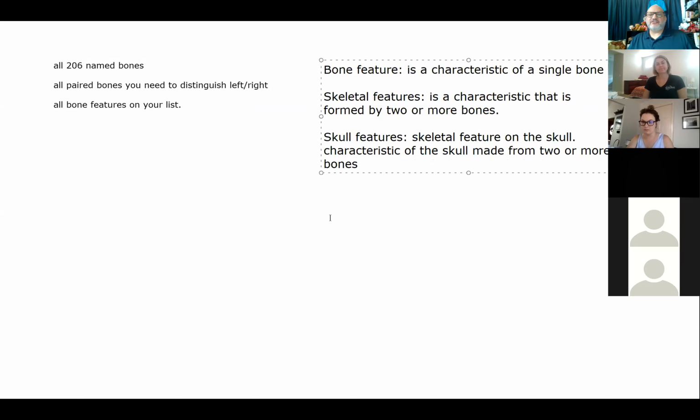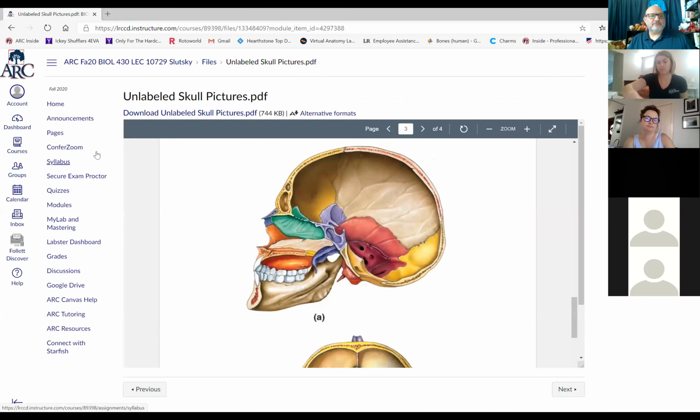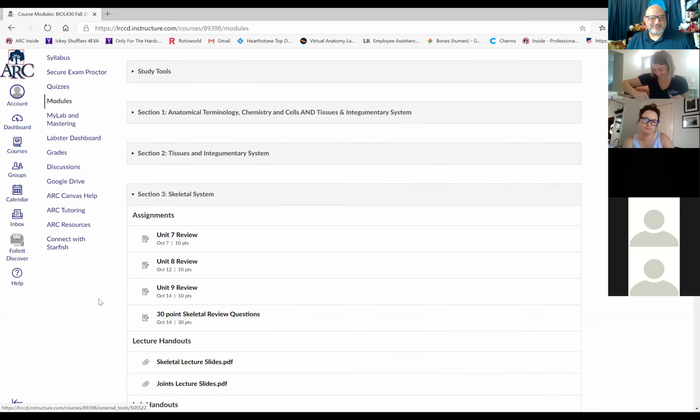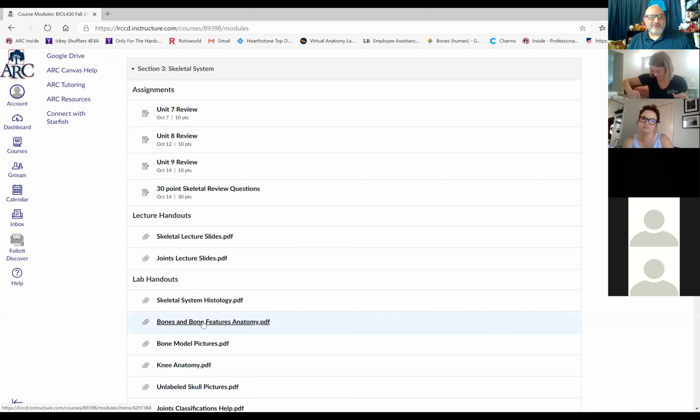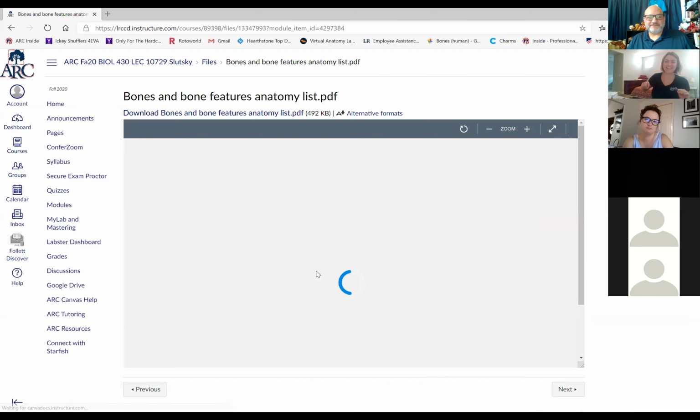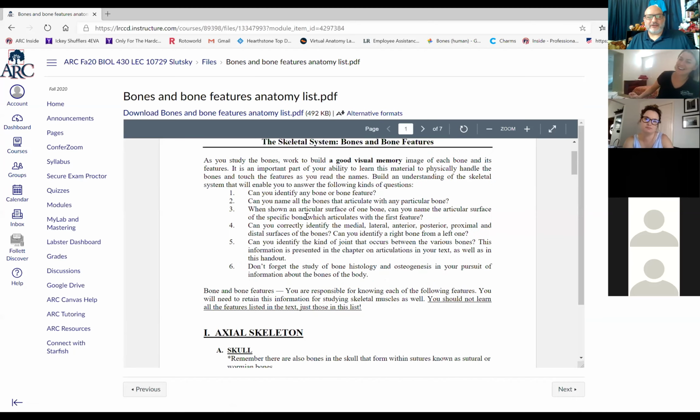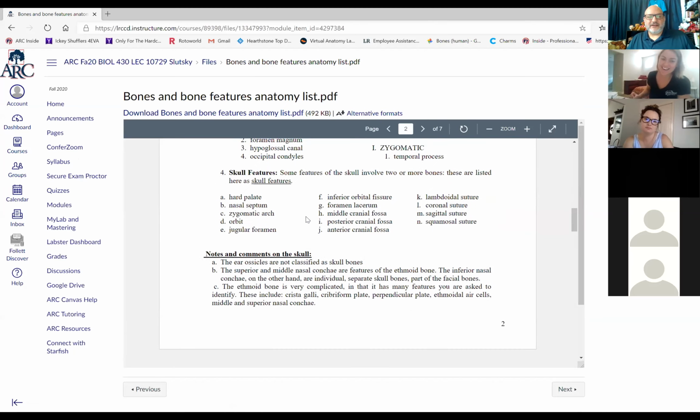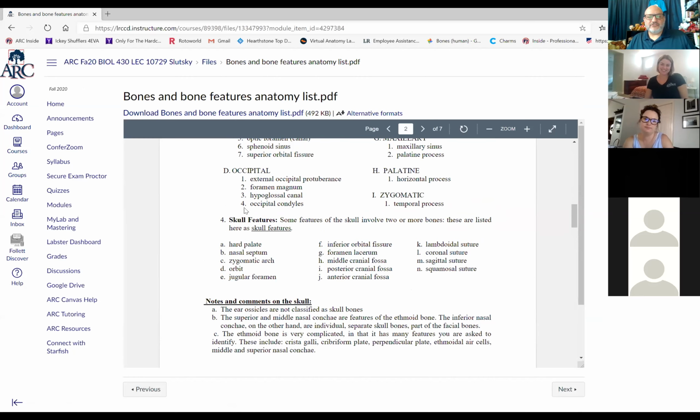And just out of curiosity, how many skull features are you responsible for? Yeah, absolutely. So as we look at our bone and bone feature list, 14. Excellent. Someone counted quickly. Notice down here, these are skull features.